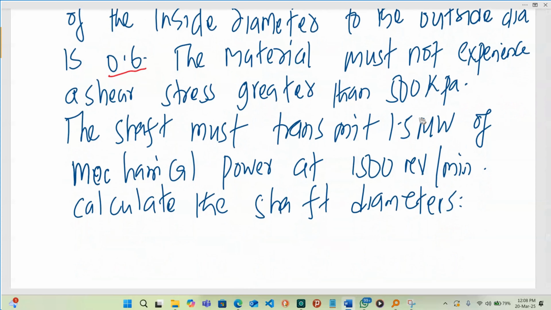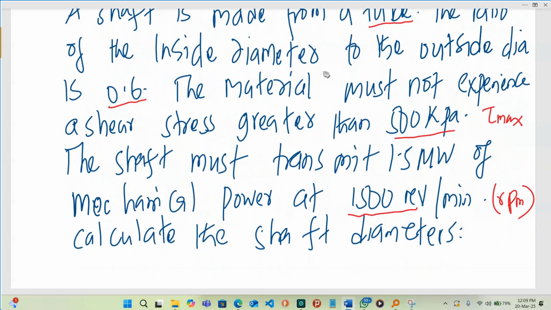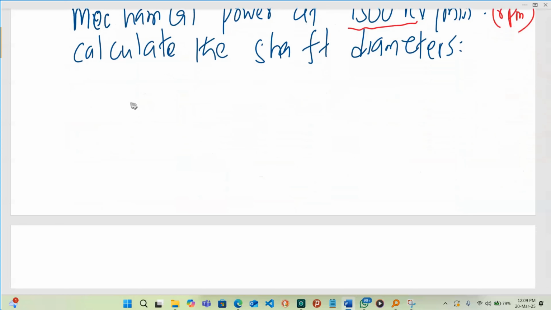So here we have been given the speed in RPM, which is revolutions per minute, and then we are given that the maximum shear stress is 500 kilopascals, that is tau max. So here we're going to use the torsion theory and the power equation.